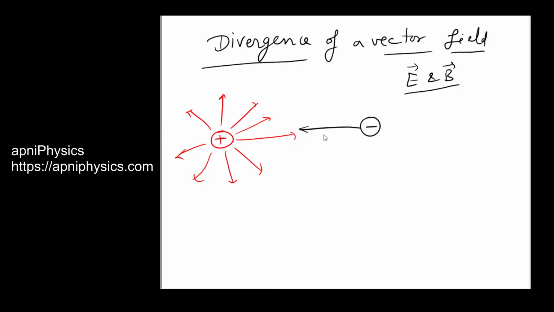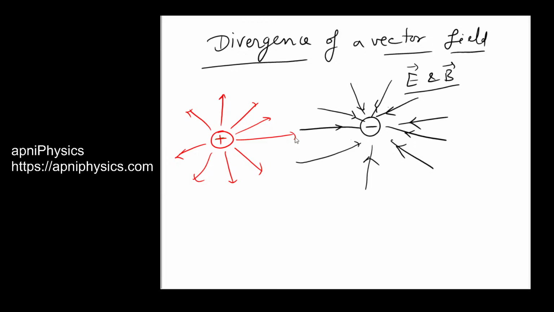So these are the electric field lines, and the direction will be towards the source. This is the nature of the electric field for this negative charge, right. So here the electric field is inward, and in case of positive the electric field is outward.